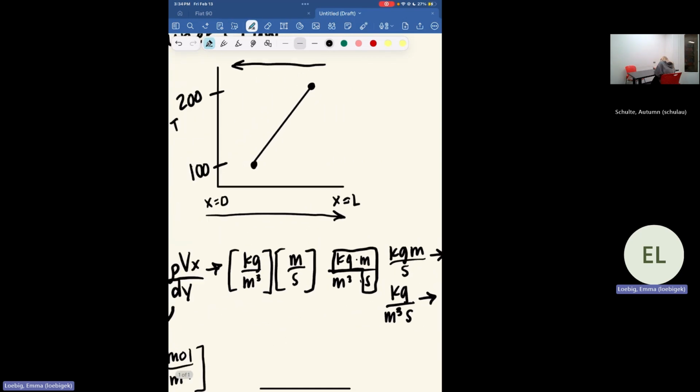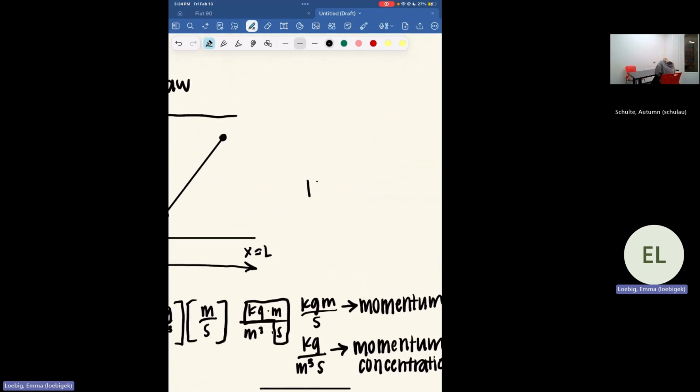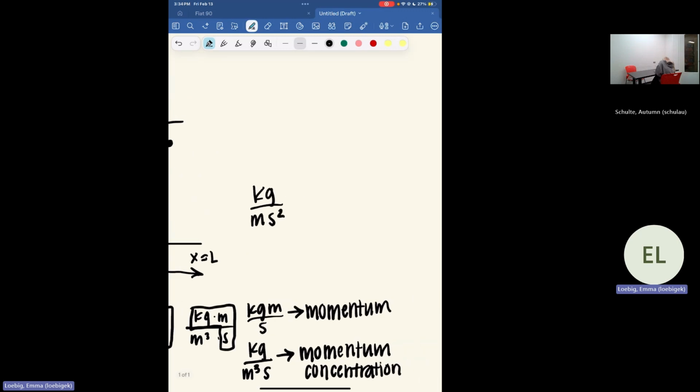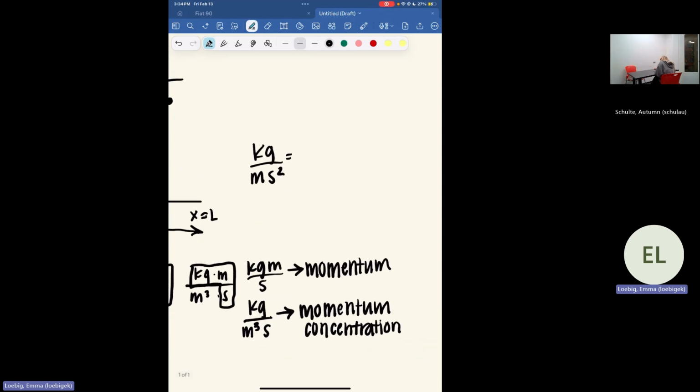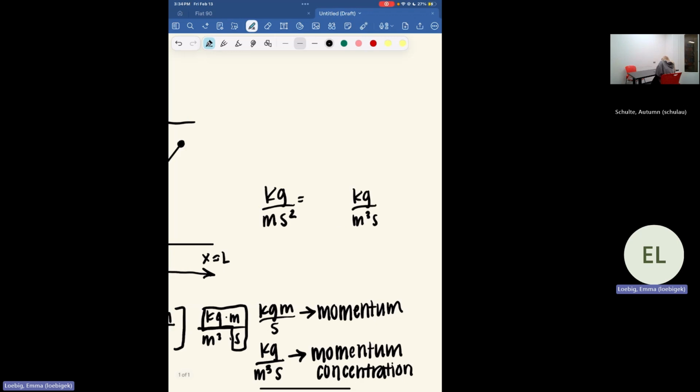The units for force over area are kilogram per meter second squared. We know our units for momentum concentration as kilogram per meter cubed second. Therefore, the unit of our kinematic viscosity must be meters squared per second.